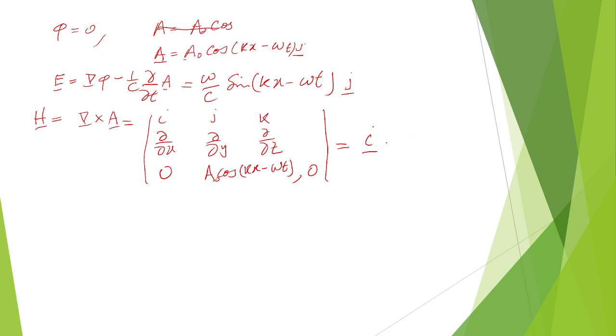So that is overall 0. Then there is j. So for j we have to differentiate this function with this and that with this. So that is overall again 0.